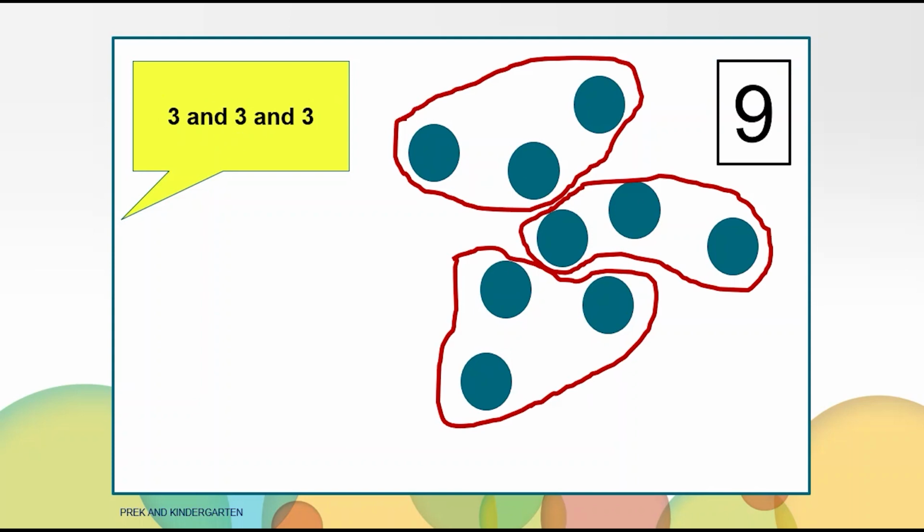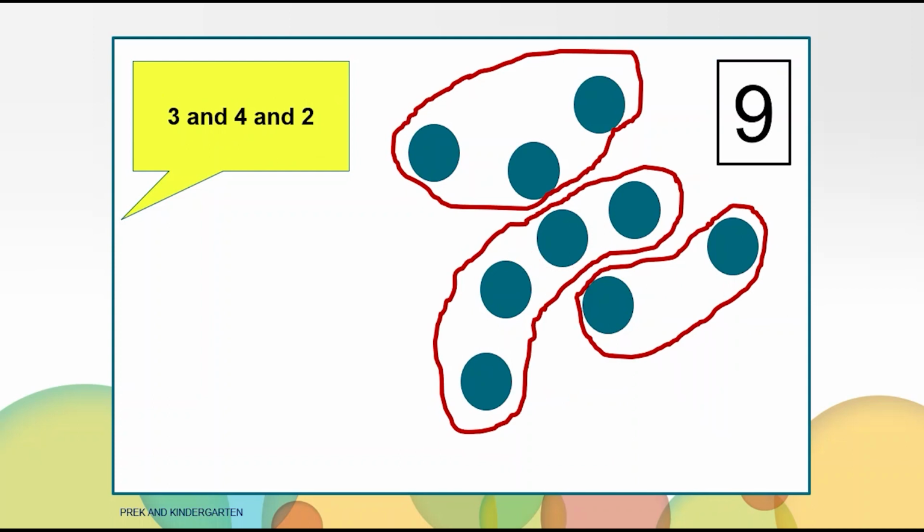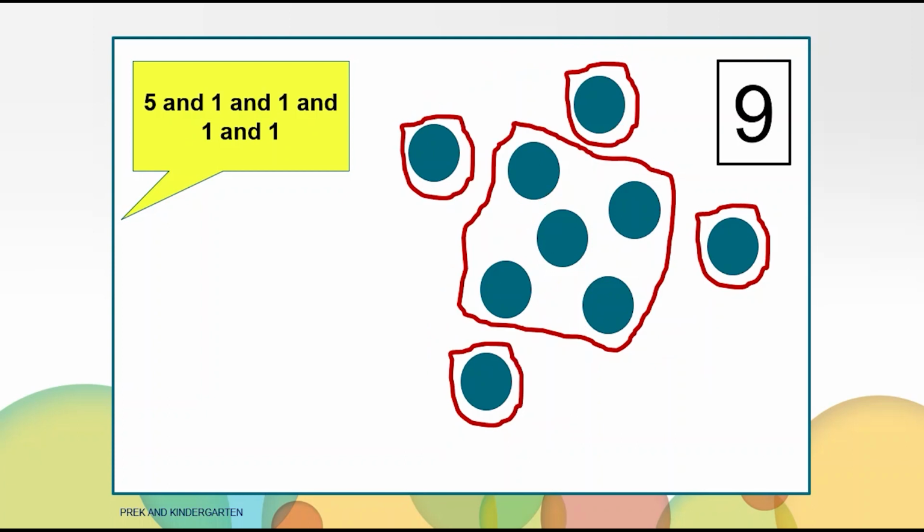Maybe you saw 3 and 3 and 3. Maybe you saw 3 and 4 and 2. Maybe you saw 5 and 1 and 1 and 1 and 1.